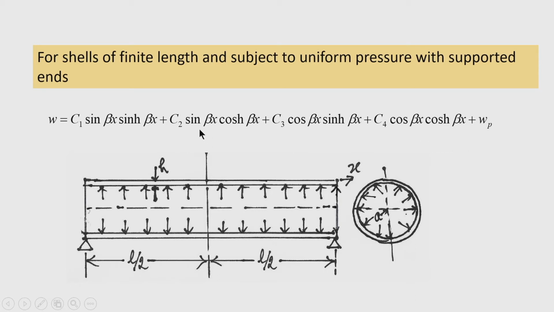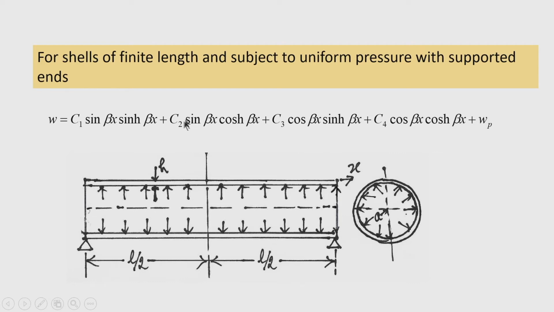But if you examine these two terms, sin βx is an antisymmetrical function, whereas cosh βx is a symmetrical function. So, product of these two is an antisymmetrical function. Similarly, cos βx is a symmetrical function and sinh βx is an antisymmetrical function.